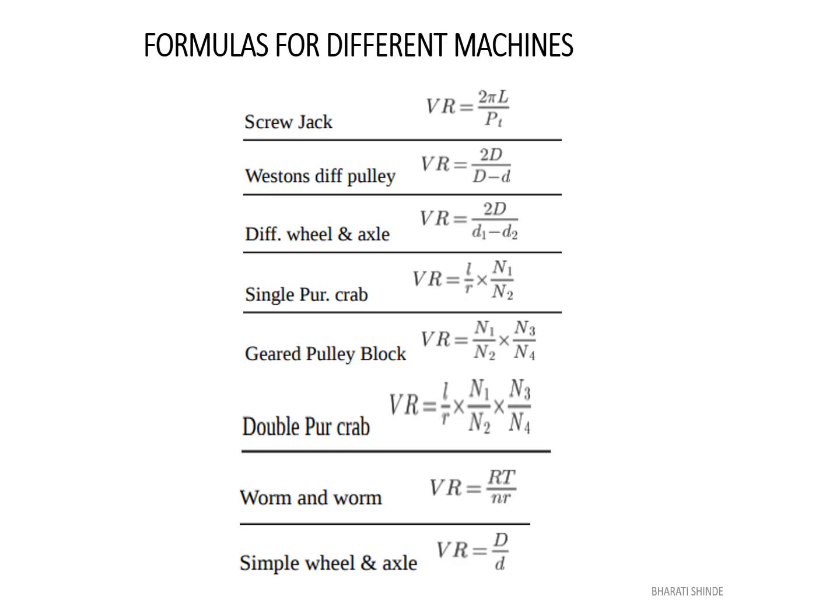For single purchase crab, VR is L upon R into N1 upon N2. For geared pulley block, VR is N1 upon N2 into N3 upon N4. For double purchase crab, VR is L upon R into N1 by N2 into N3 upon N4.